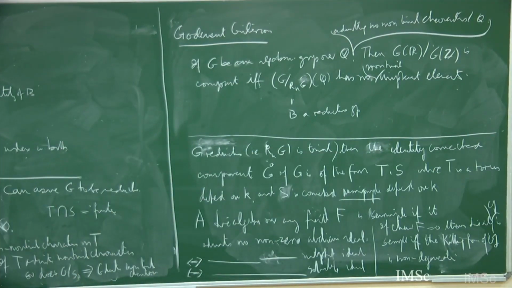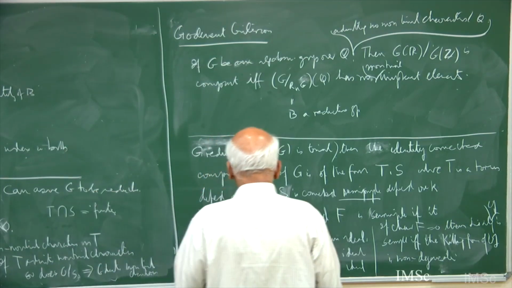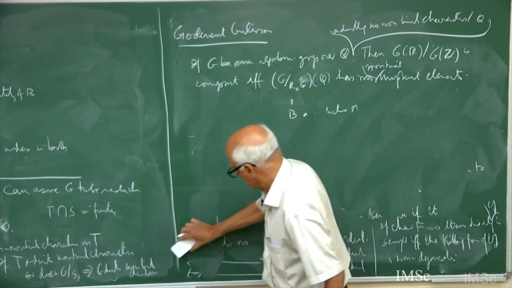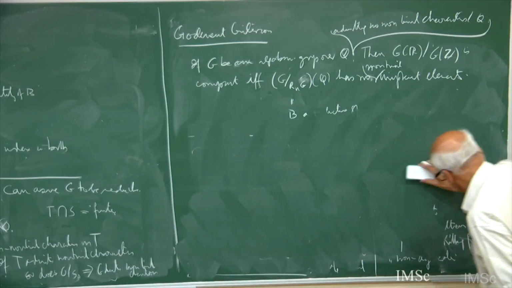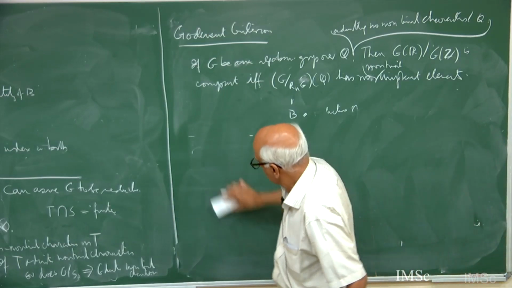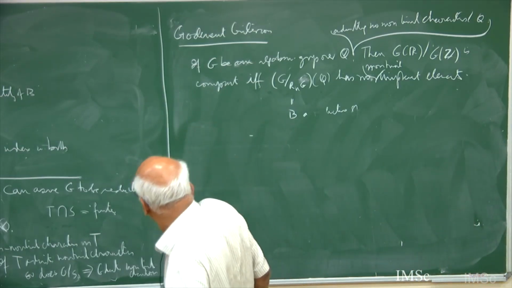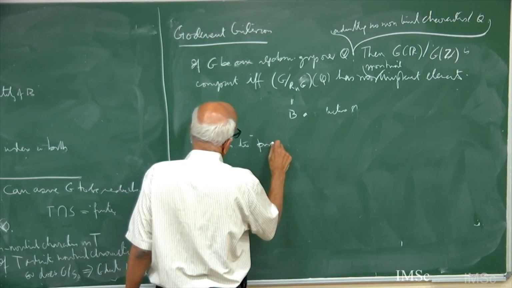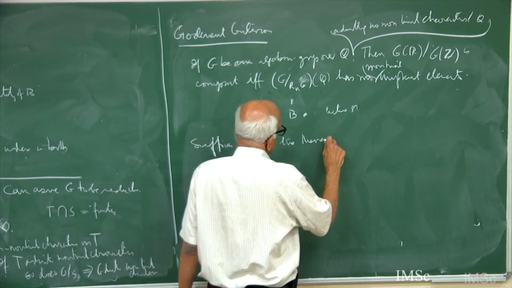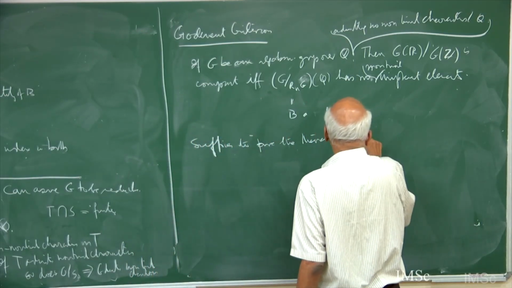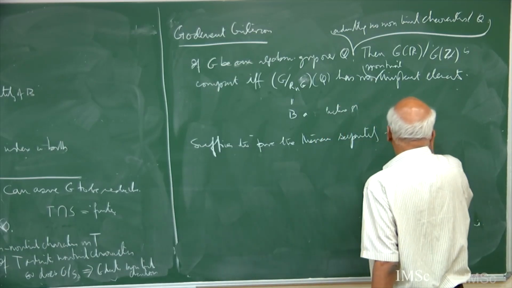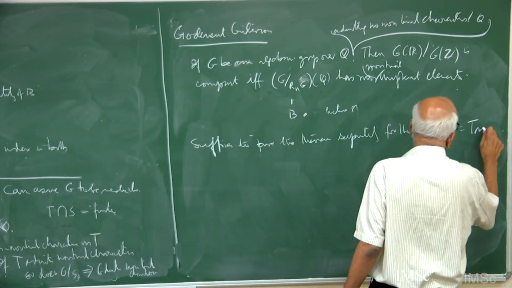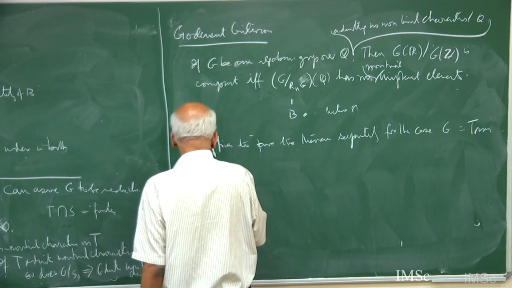So it suffices to prove the theorem separately for the case of G equal to a torus or G semi-simple.